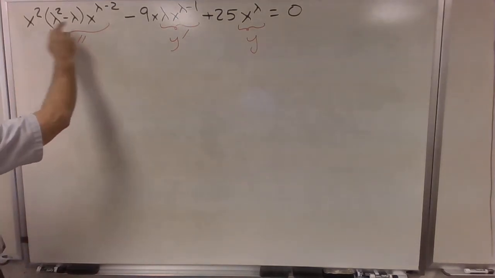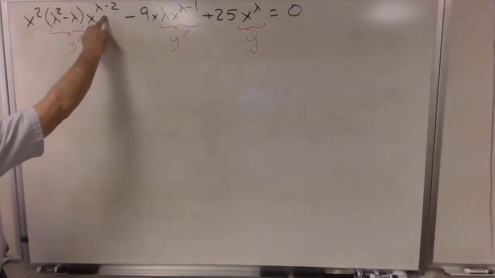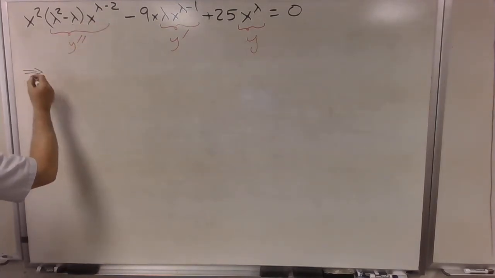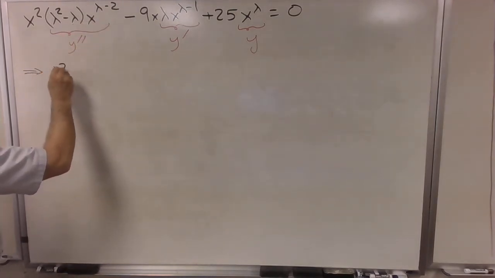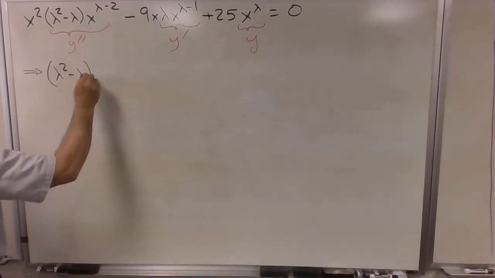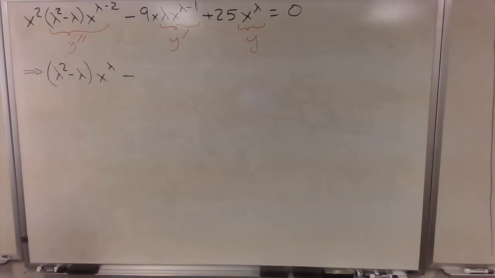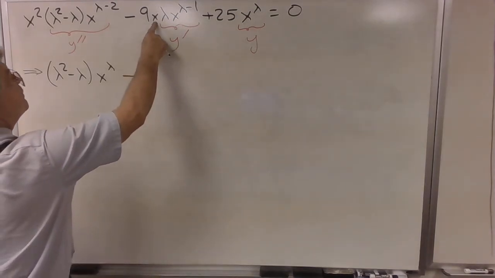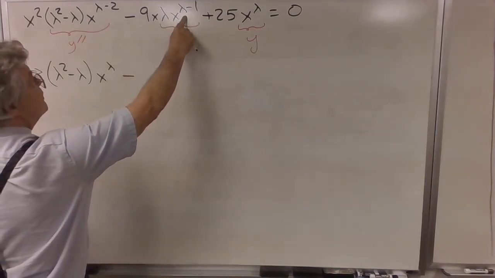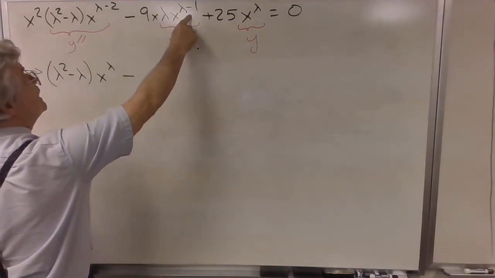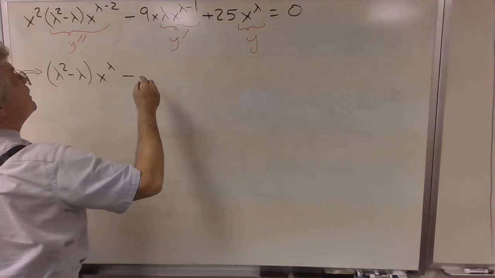Okay, x squared times x to the lambda minus 2, the exponents add, so we just get x to the lambda. Same thing here. x to the first times x to the lambda minus 1, the exponents add. 1 plus lambda minus 1 is just lambda.